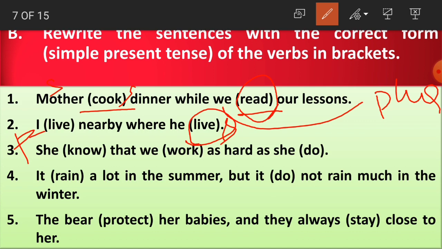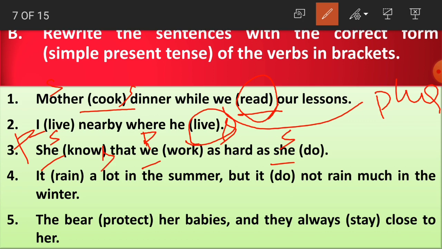Now the third one: She know that we work as hard as she do. She, what is it? Singular. Again we, plural. She, singular. So here we have to add s or not? Yes.